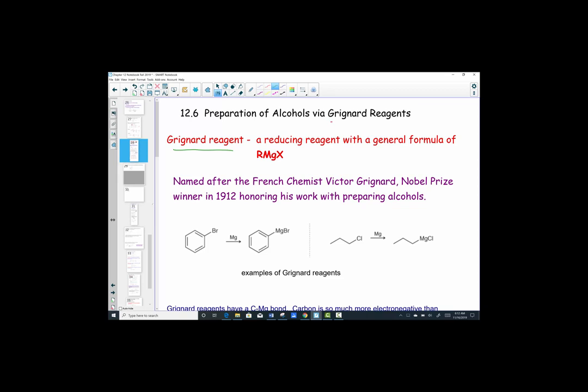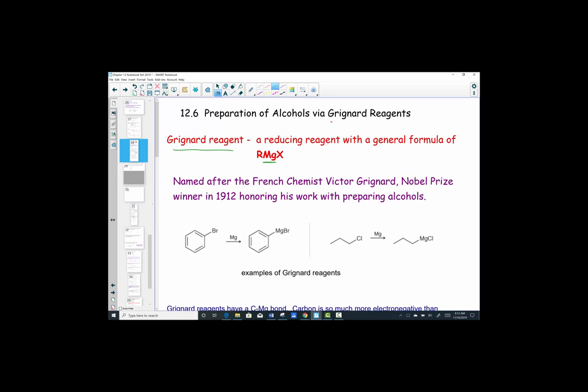When I hear Grignard reagent, I want you to think about magnesium, a reducing agent with a general formula of RMgX. This is named after the French chemist Victor Grignard, who won his Nobel Prize in 1912 in honor of his work with the preparation of alcohols.